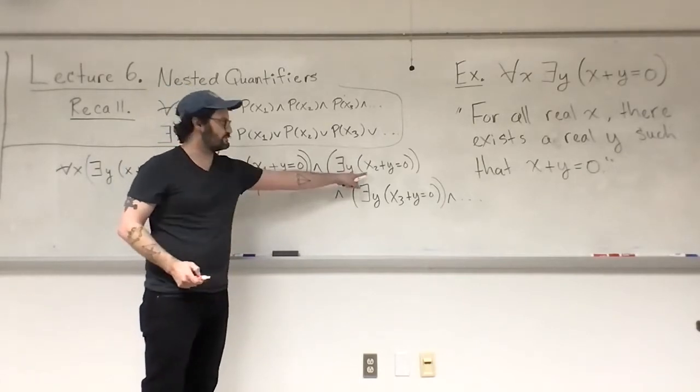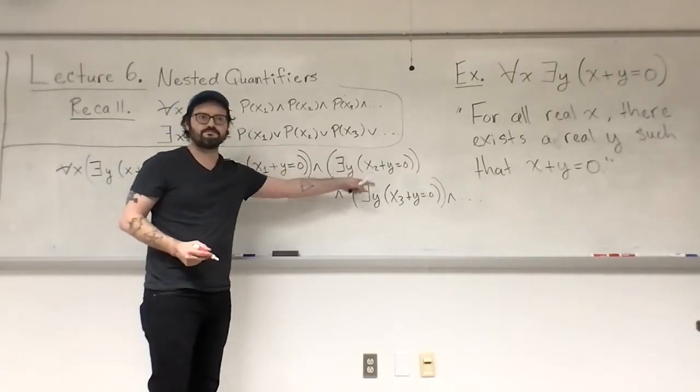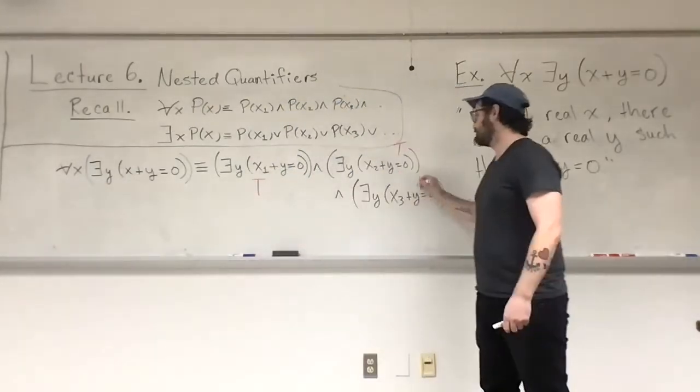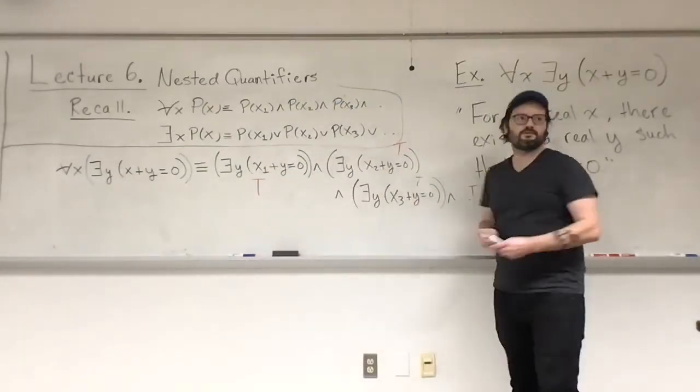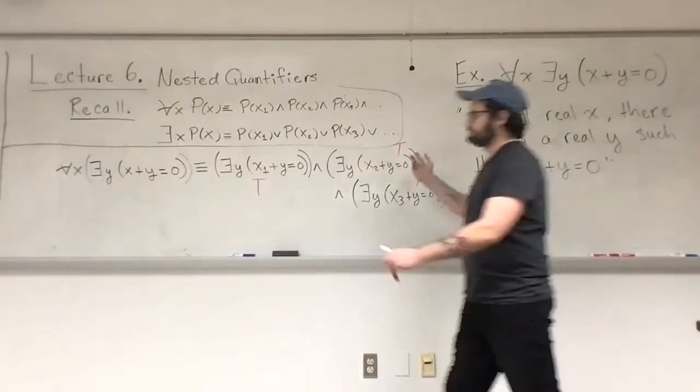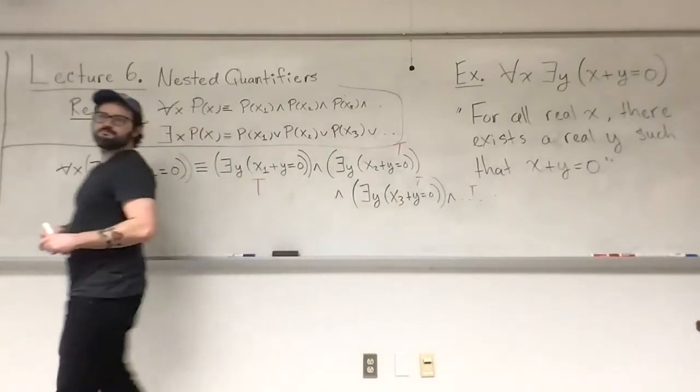And what about that one? Well, that's just a number again, so that's going to be true again. And true all the way through, which means that this conjunction is going to be true.